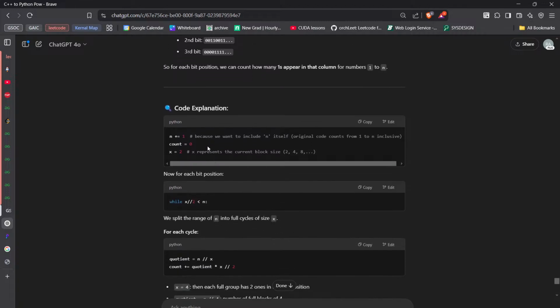Code explanation: because we want to include n itself, original code counts from 1 to n inclusive. n plus equals 1. What do you mean? Count is 0. x represents the current block size.